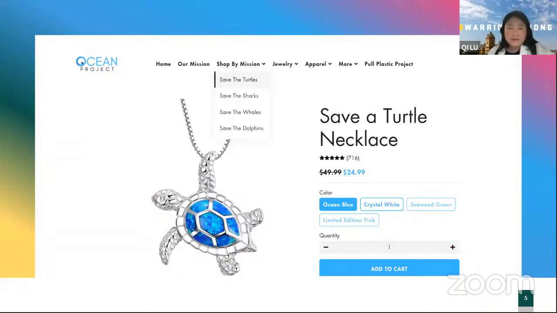Another part is that I would like to give an advertisement for a specific project, the ocean project, and you can see that I already bought one of these turtle necklaces to support this ocean project.